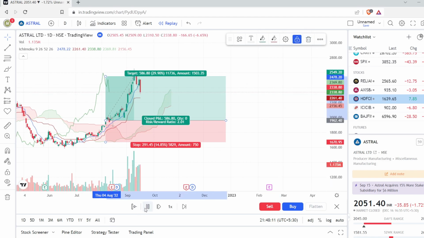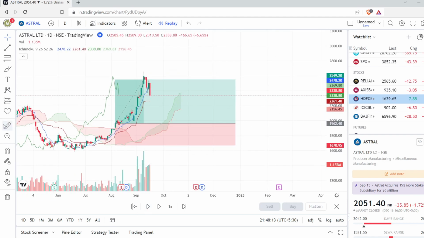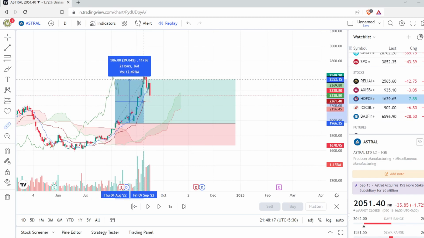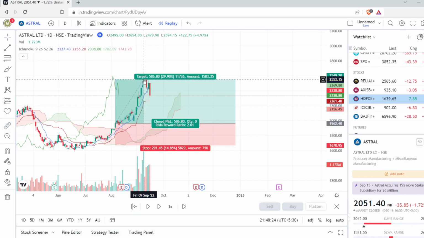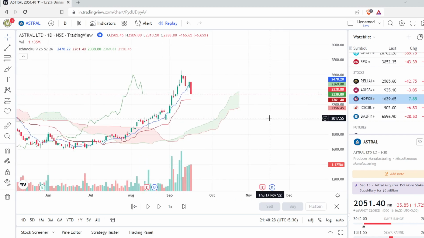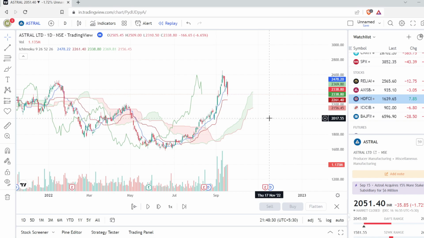Astral Poly, let me show you how much time it took. We gave 30% in a matter of 36 days, not even 2 months. Great, a month's trade and 30%. It was a massive trade, Astral.